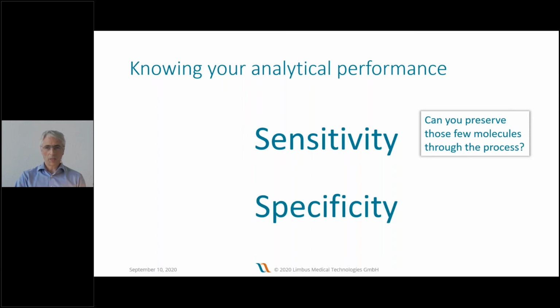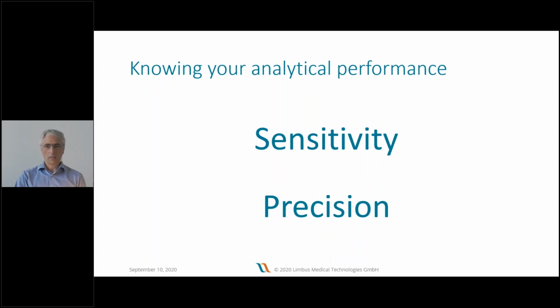And the second parameter is typically called specificity, but in NGS we rather use the term precision or positive predictive value, and that means, how sure are you when distinguishing between true and false?